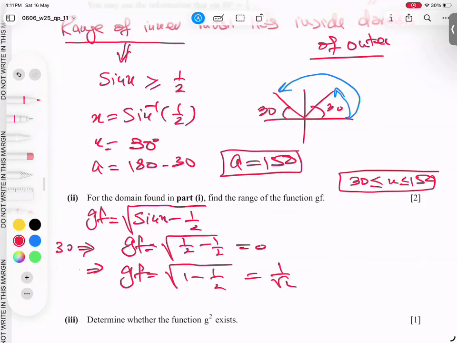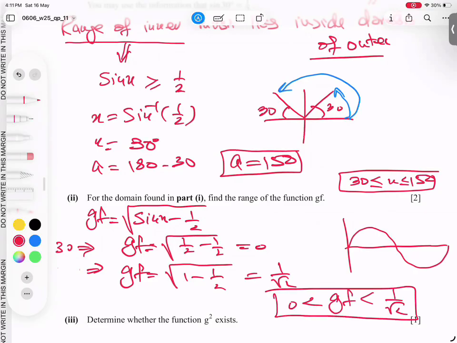The logic is very clear, because the sine curve moves like this. So 30 to 150 we move, and what's the range? One is 0 and one is a half. So that is why I can say the range is giving us what? Highest is 1 over root 2 and lowest is 0. So I hope the point is very clear. So this is the range criteria.